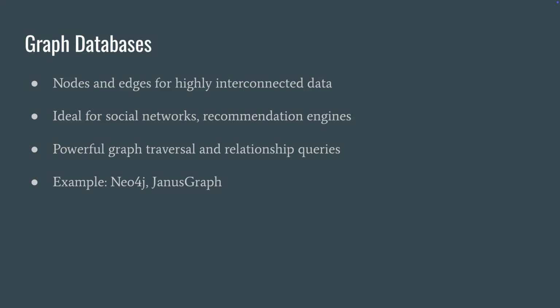This type of database is used a lot when you're in a scenario where relationships are central to the data model. The prime example would be social networks, where you want to quickly see who is connected to whom.